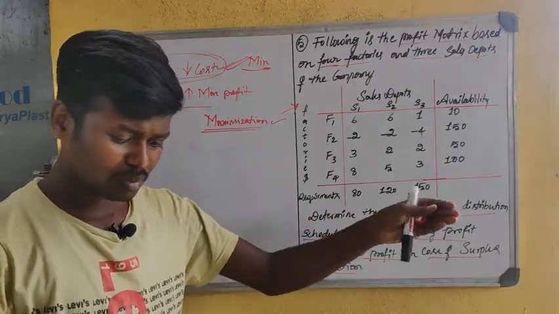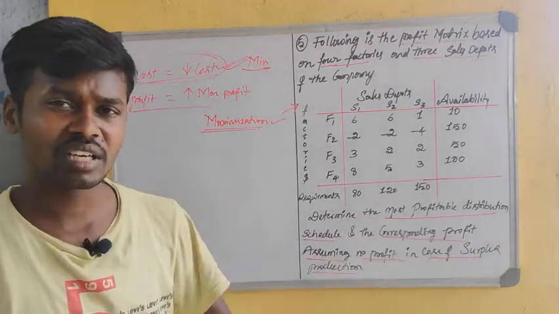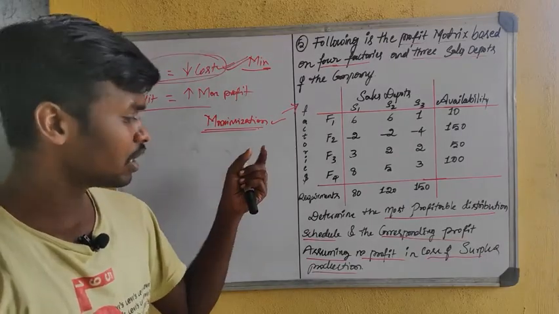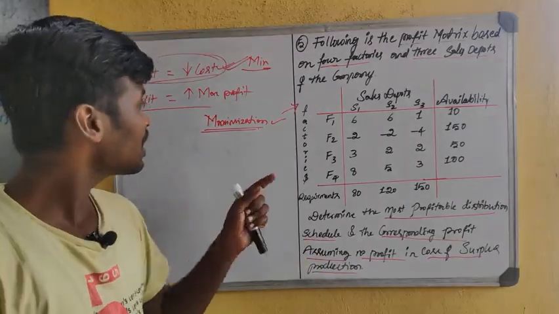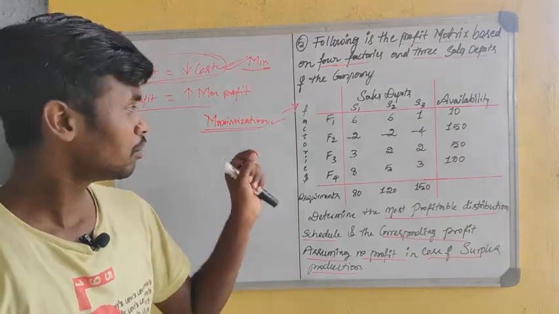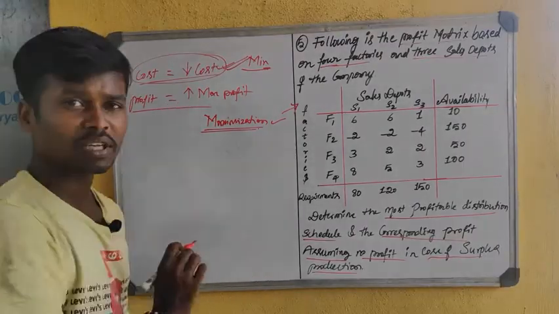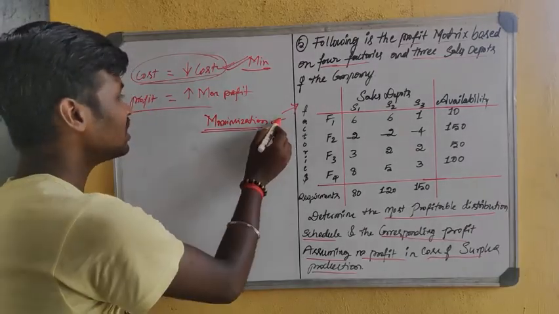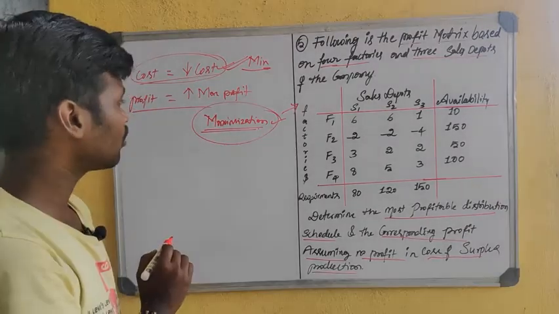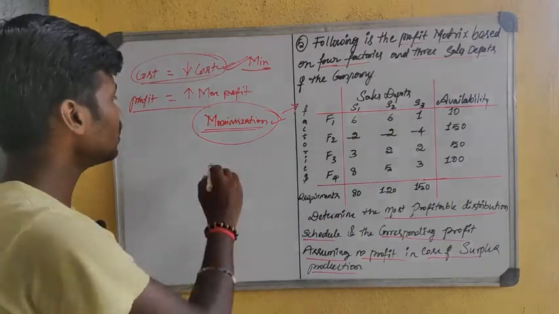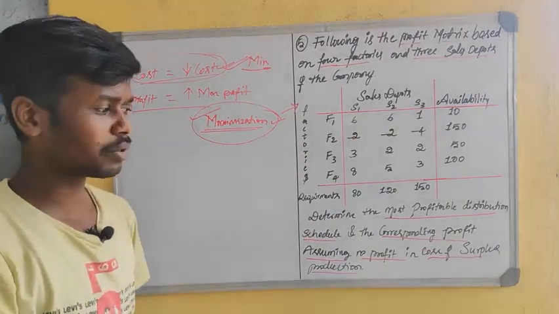In the last problems, under the least cost entry method and northwest corner method, we satisfied the total demand and supply based on the cost information, that is minimizing the cost. That is called a minimization problem.